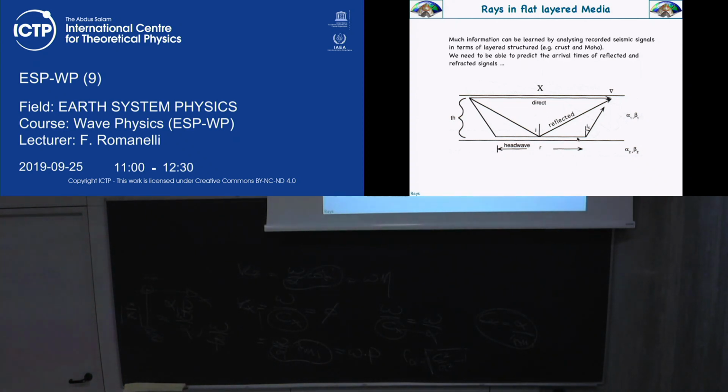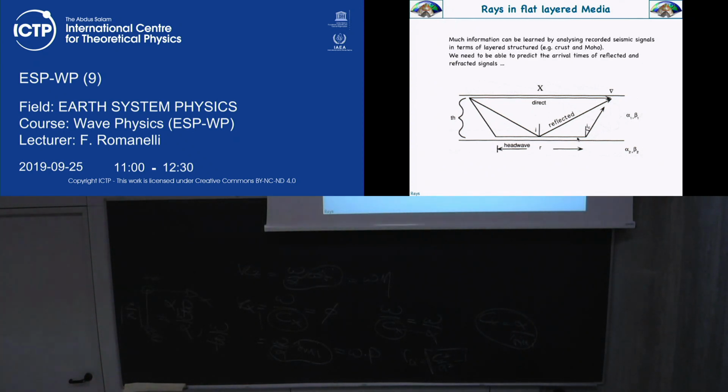Now, there is a plot there of what is called a head wave. It's something that is going to arrive here, to be critically reflected, travel, and then, following Fermat's principle, going up again. Is it possible? We will guess. Is it possible?